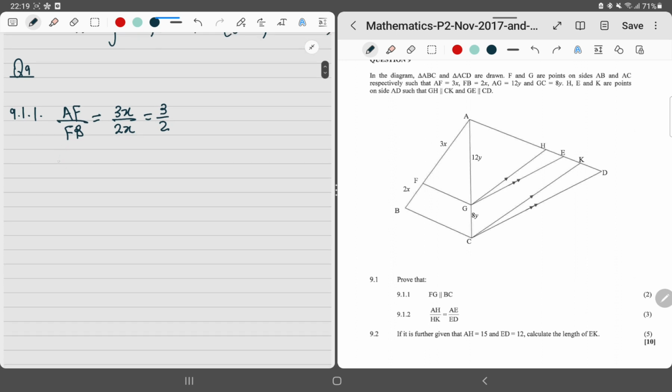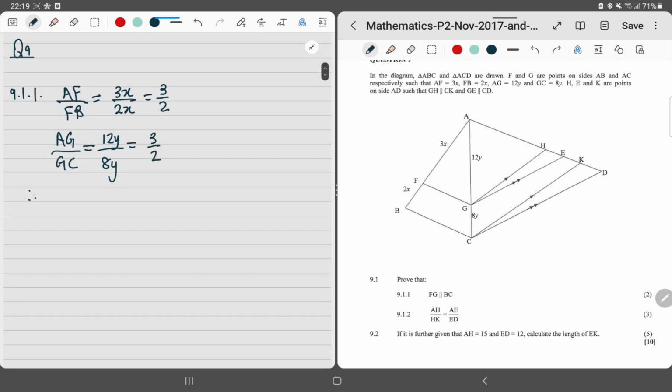And then AF goes with AG, then FB goes with GC. So this is 12y over 8y, which is equal to 3 over 2. Therefore, FG is parallel to BC. And then we'll say the converse of the proportionality theorem.